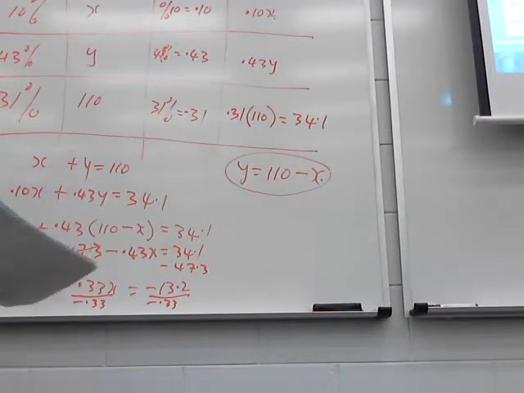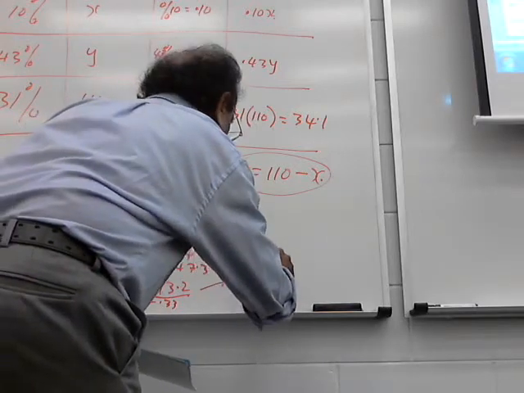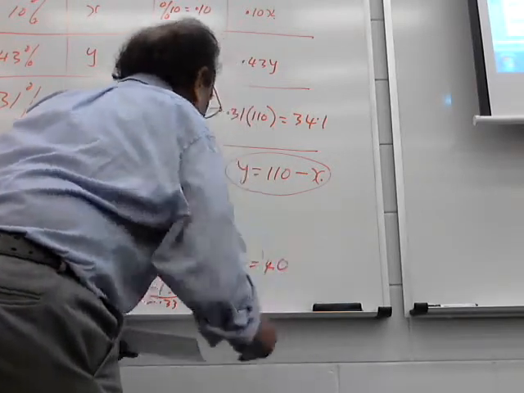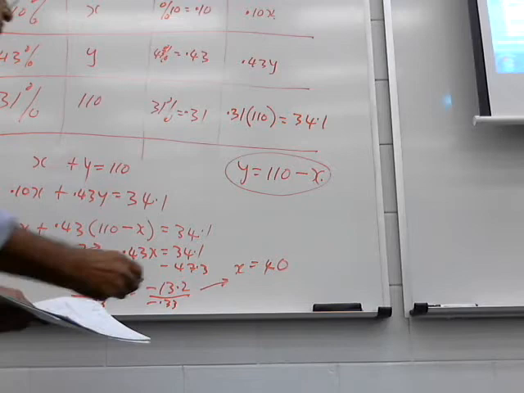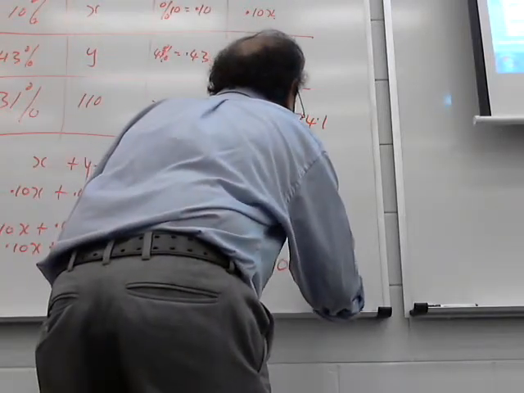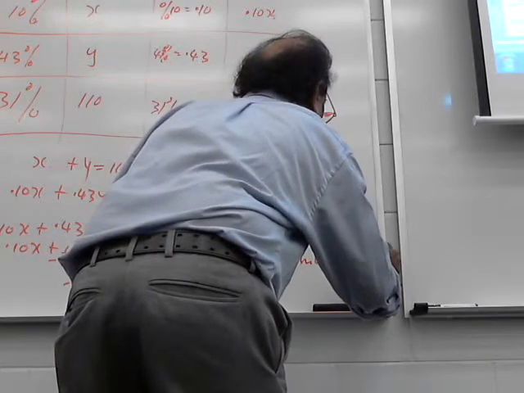And if you do that, we get x equal to 40. X equal to 40. All right, and that means we'll be having 40 milliliters of the 10% alcohol solution.